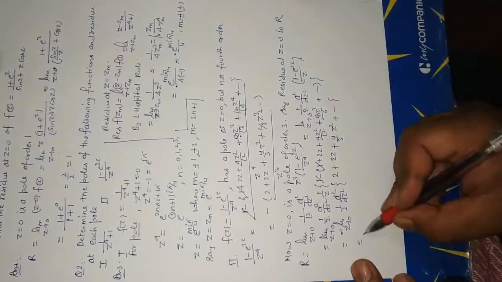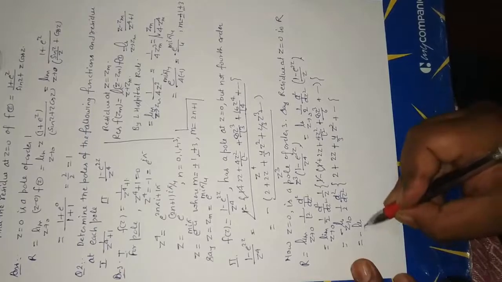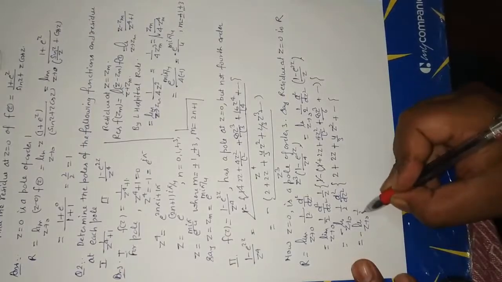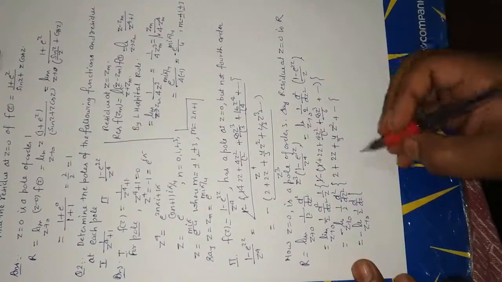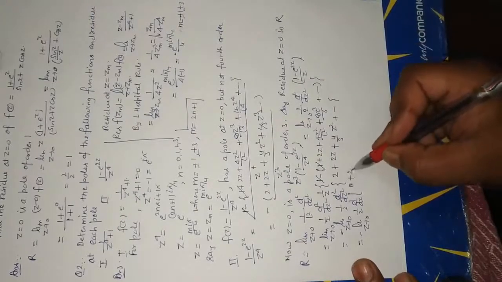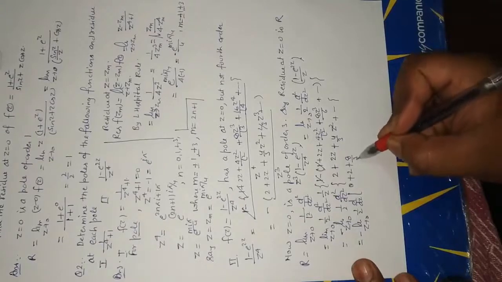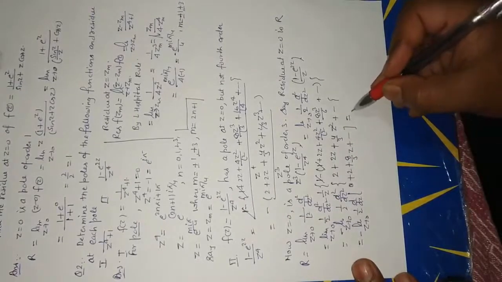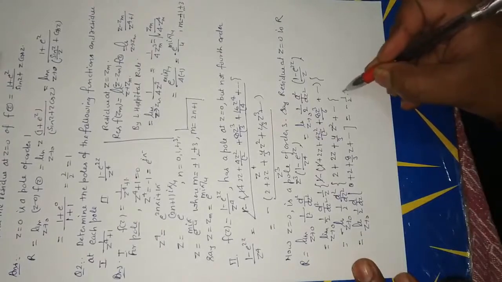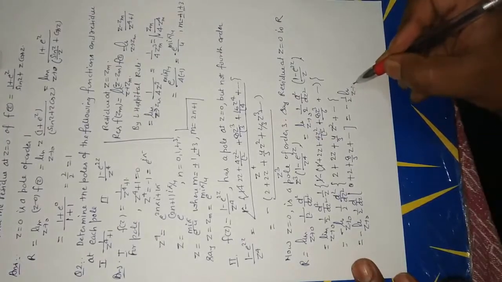This is equal to minus limit z tending to 0, 1 upon 2, d upon dz, differentiate 1 time, 0 plus 2 plus 8 upon 3 z plus dot dot. This is equal to minus 1 upon 2 limit z tending to 0.